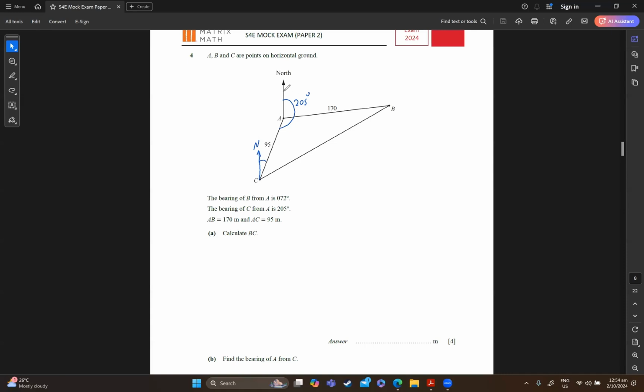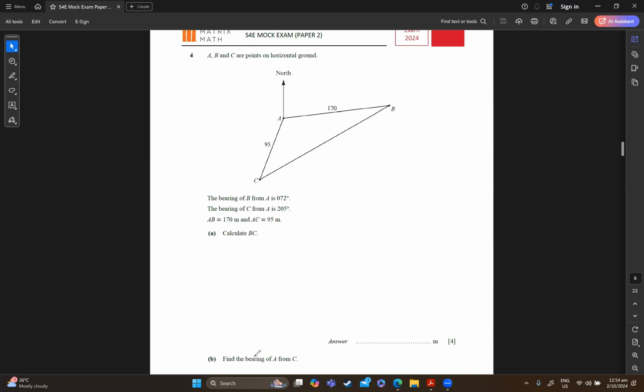So which means this angle over here has to be 360 degrees minus 205. That should be 155 degrees. So this 155 degrees, using interior angles, you have to write a reasoning. So I'll do the working properly.